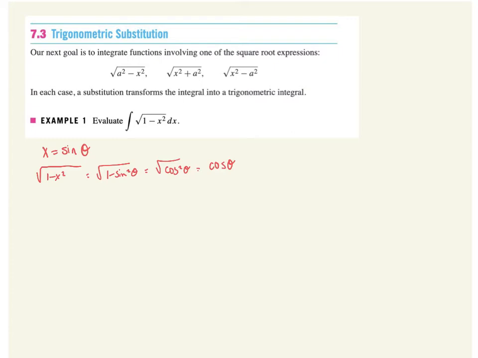So from here, now we're actually ready to do our substitution and find all of our pieces. So we named x equaling sine theta. We then would know that dx is equal to cosine theta d theta.